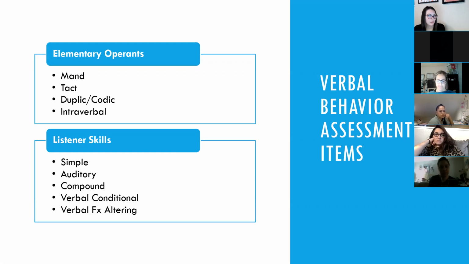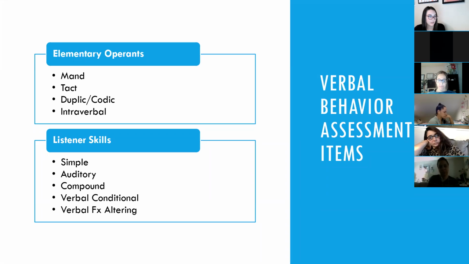And then you have your listener skills, which are going to be evaluating these items. Again, this is a list that increases in complexity. So there's your simple listener skills, which is just your basic touch your head, hand me this.